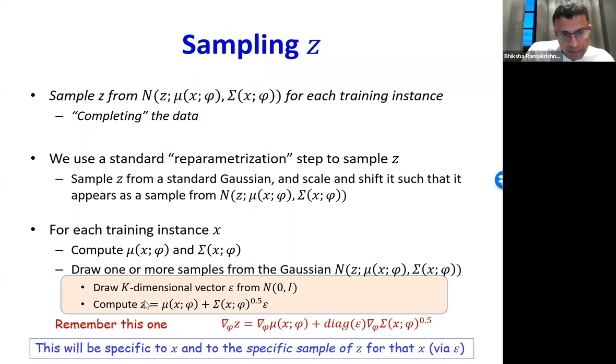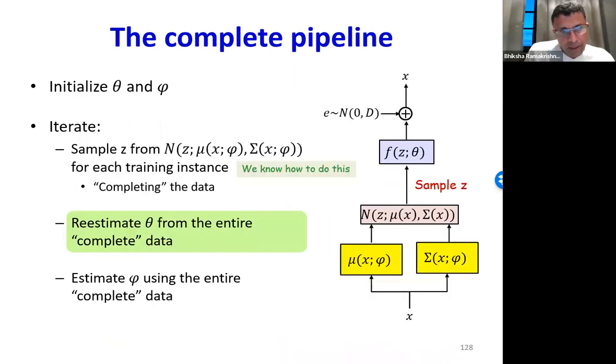So I can compute the derivative of z with respect to phi, which is simply going to be the derivative of mu with respect to phi, mu is a function, plus epsilon times the derivative of the square root of sigma with respect to phi. This is directly from this formula over here. So we know how to compute the derivative of z, the sample, with respect to the parameters of mu and sigma.